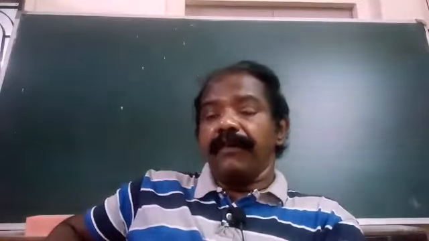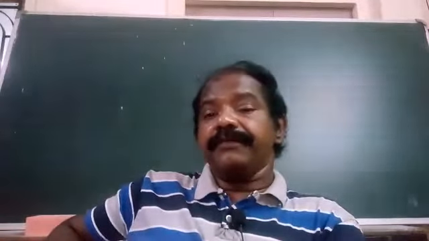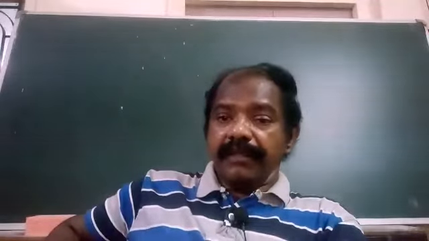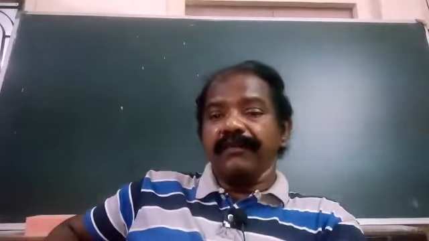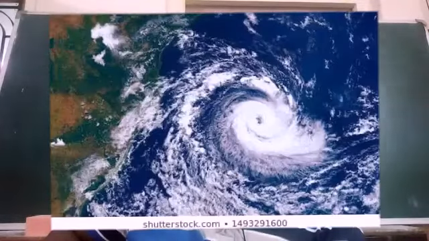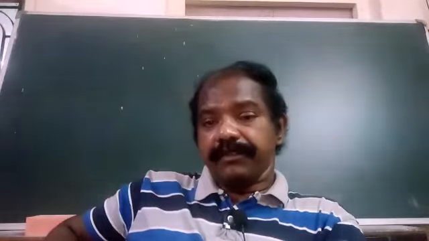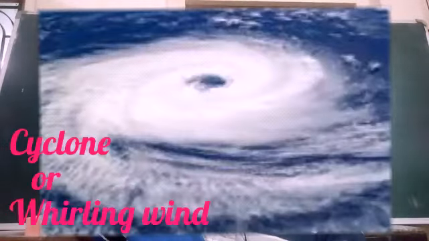Now, the next type of rainfall that happens in Andhra Pradesh is cyclonic rainfall. Cyclones are also called whirling winds. The cyclones also bring rainfall to Andhra Pradesh. Usually cyclones develop in the summer season in the Bay of Bengal.